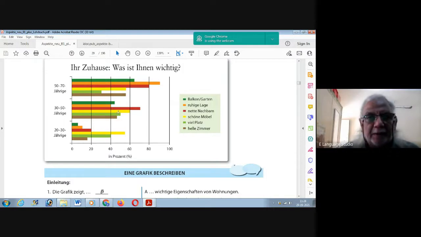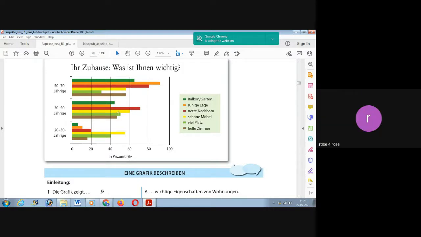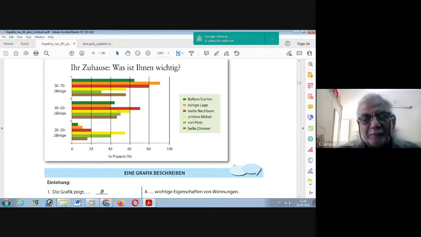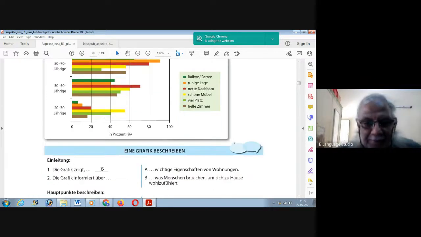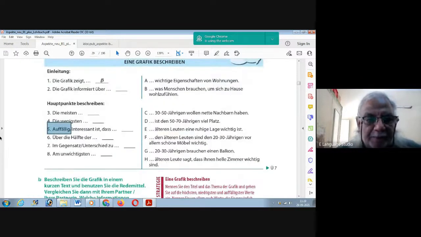Even a picture, a Bildbeschreibung. You can interpret any picture also. You can describe a picture. You can give your own opinion about a picture. So there, such Redemittel are normally used. Die meisten, die wenigsten.